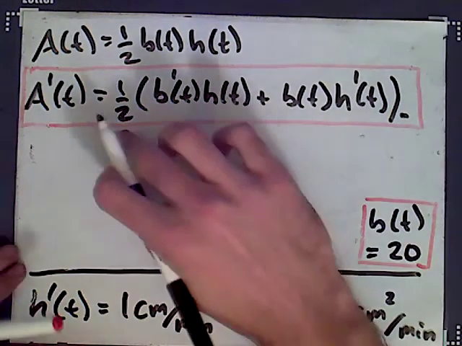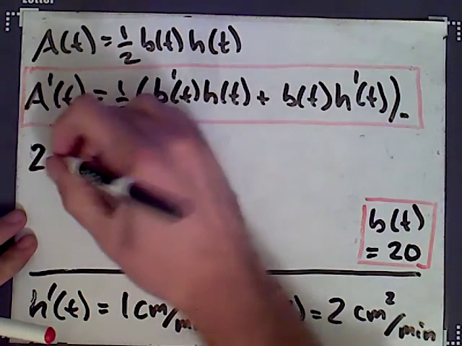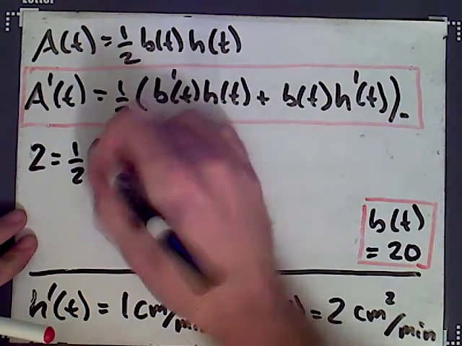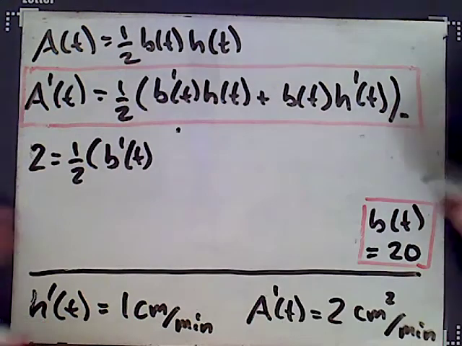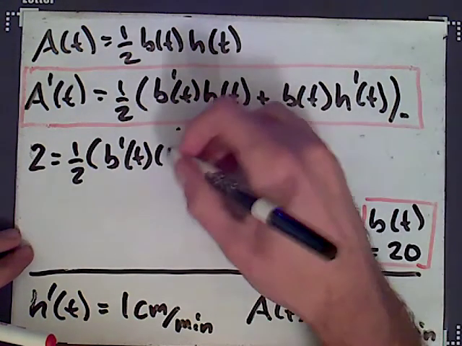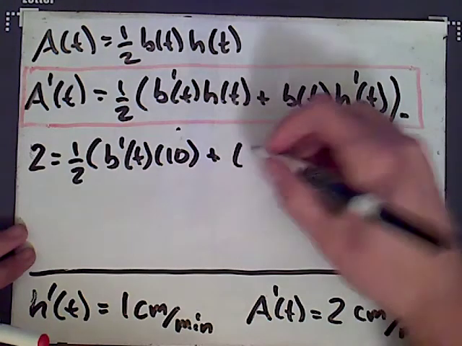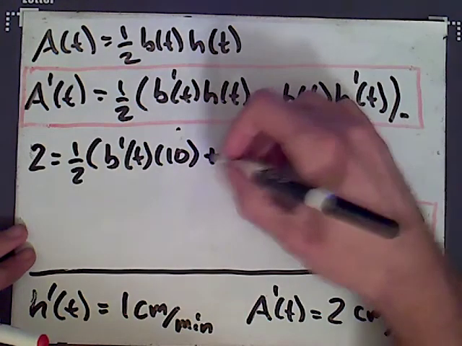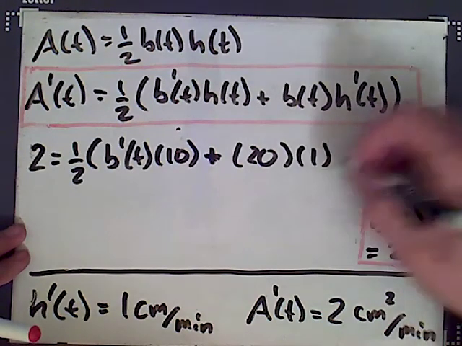What we get: A prime of t is 2. We take 1/2 of B prime of t, which is what we're looking for, times h of t, which we're told is 10, plus B of t, which we just found was 20, times h prime of t, which is 1.